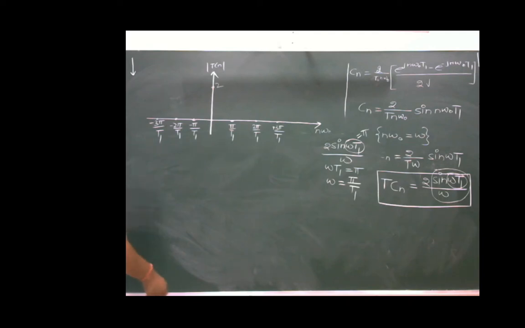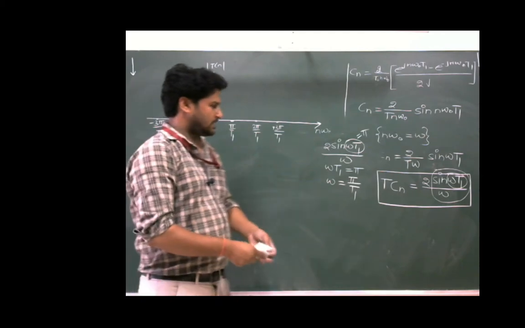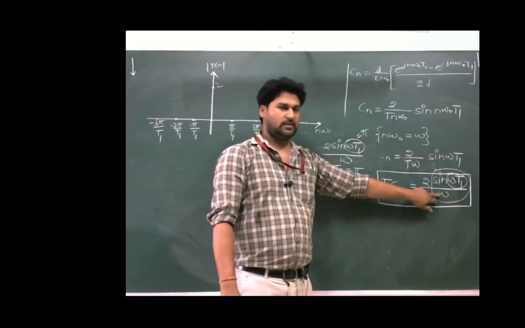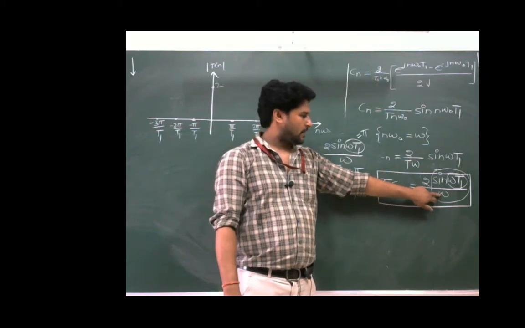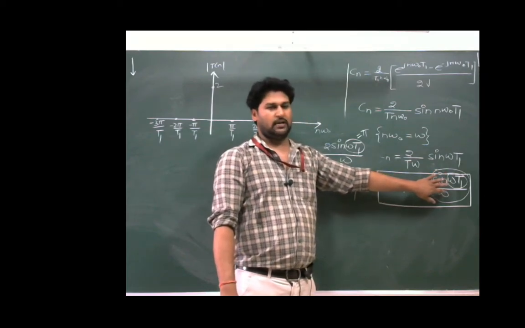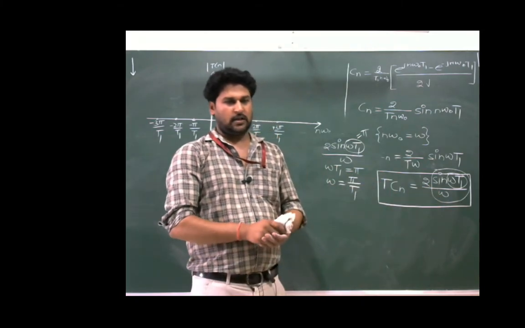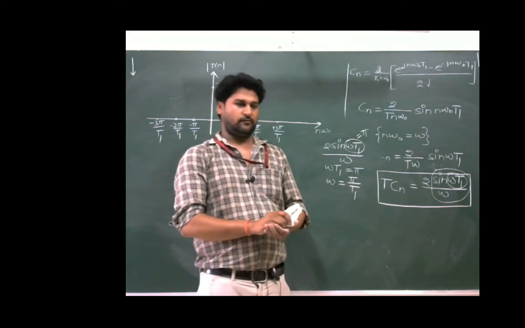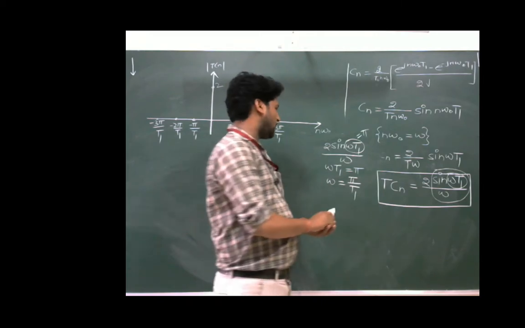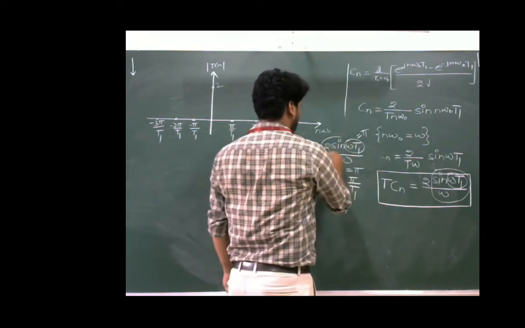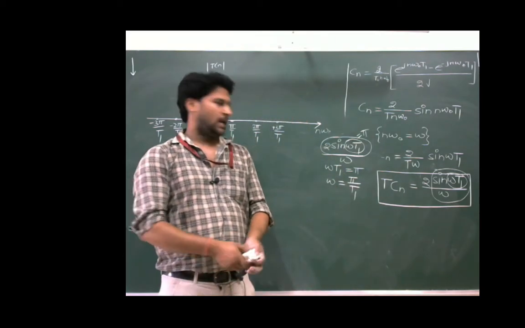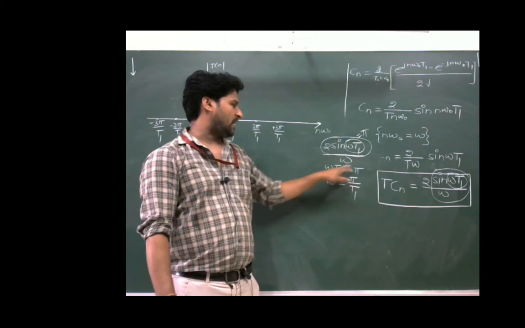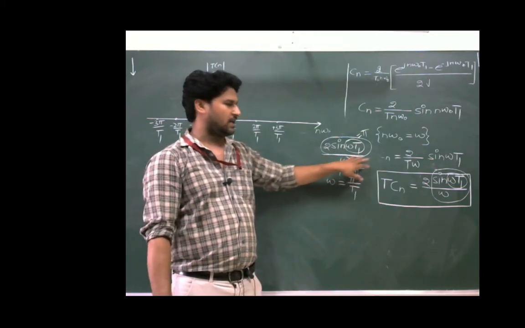So the envelope of this function will look like this, because as the value of omega increases, sin omega t1 will remain in its range from -1 to +1, meaning this total value 2 sin omega t1 will vary between -2 and +2, while the denominator omega keeps increasing.